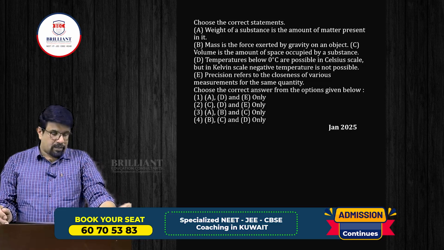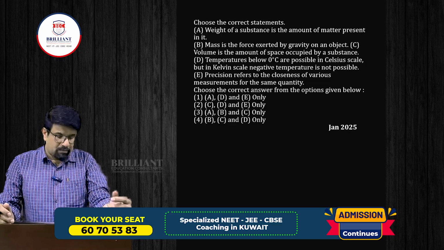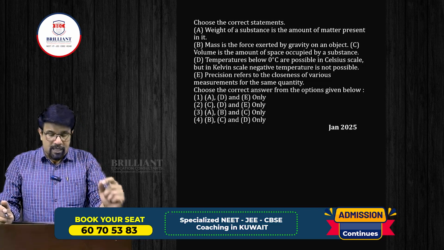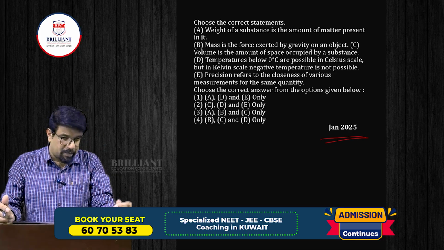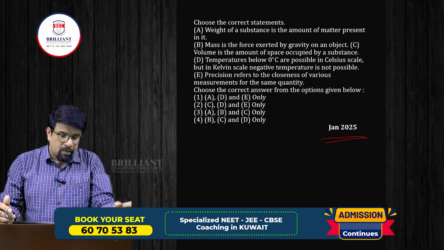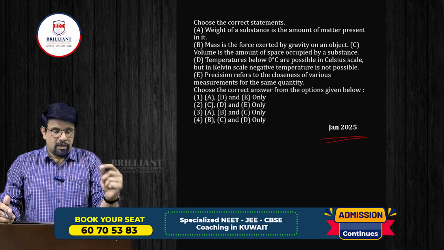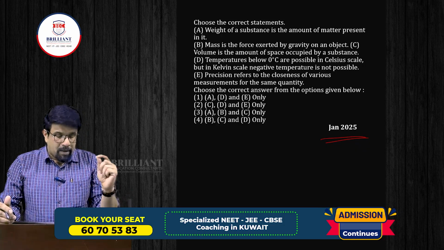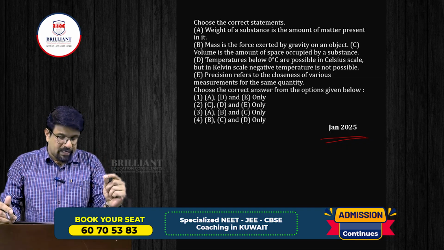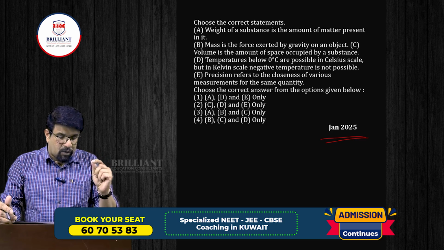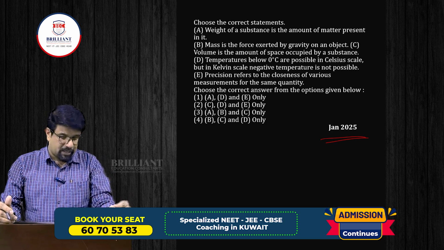Next question. This is a statement type question, but it is an easy question. This question was asked in the Jan 2025 JEE examination. Choose the correct statement. Weight of a substance is the amount of matter present in it. The second statement they have given: mass is the force exerted by gravity on the object. And the third statement: volume is the amount of space occupied by a substance.